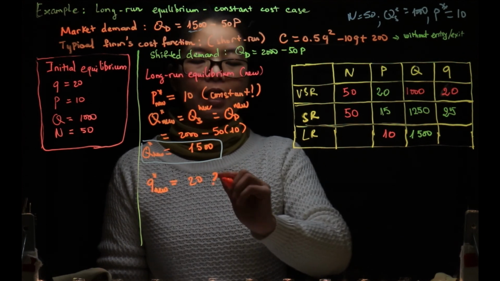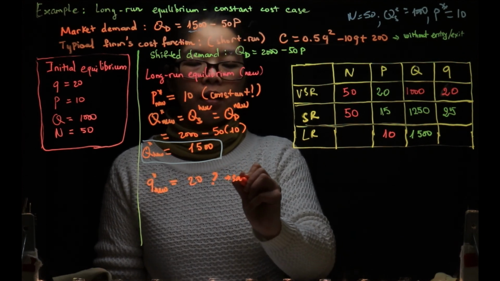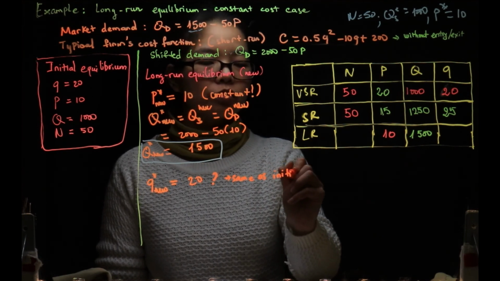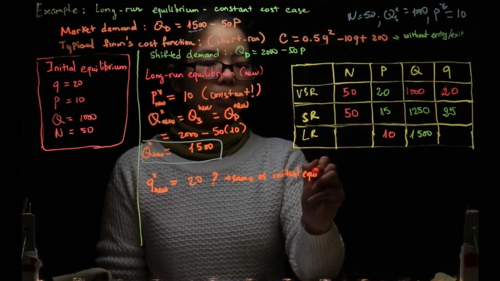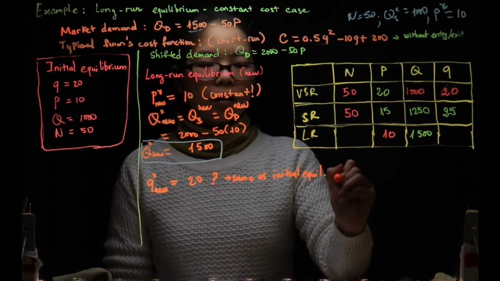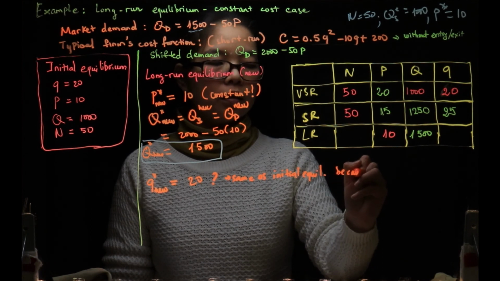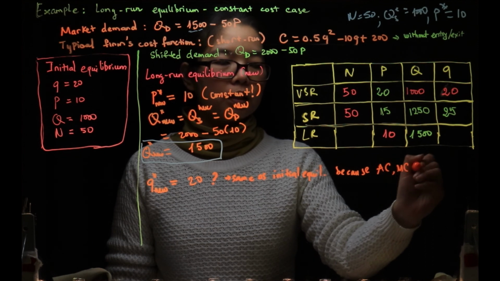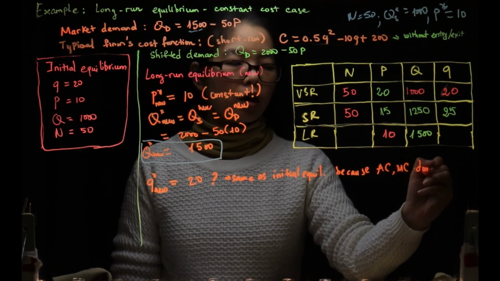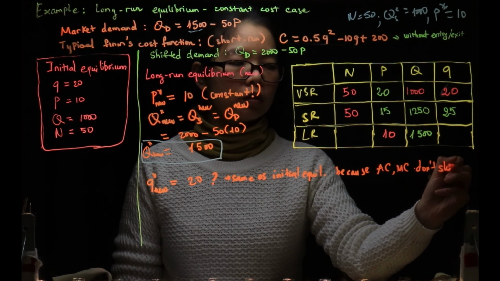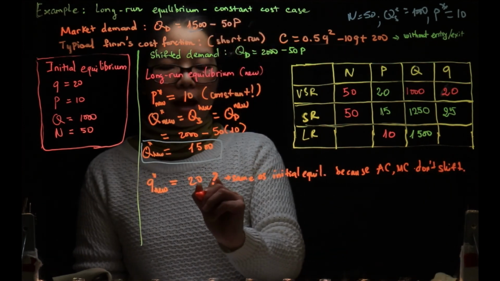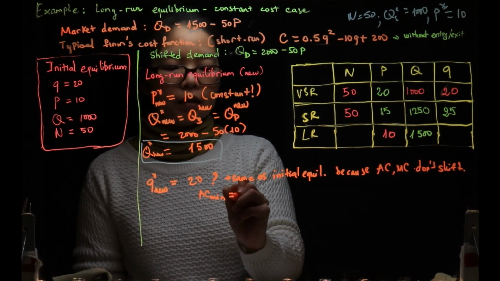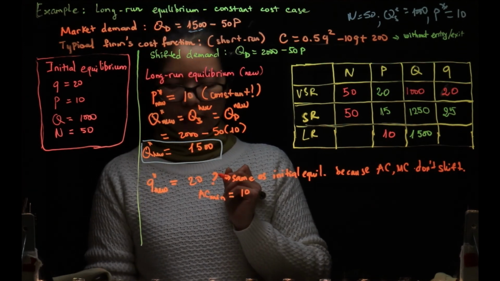Because actually it stays the same as its initial equilibrium, because AC and MC don't shift. So it's actually AC min is still 10, right?